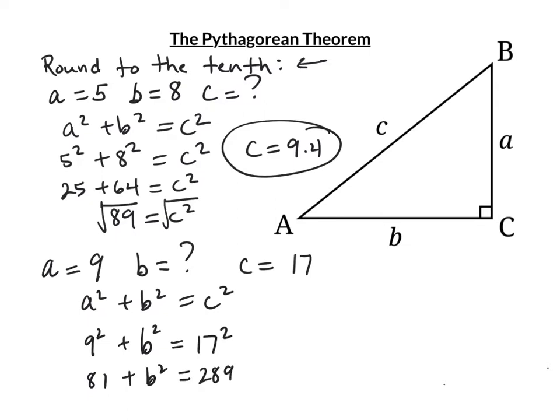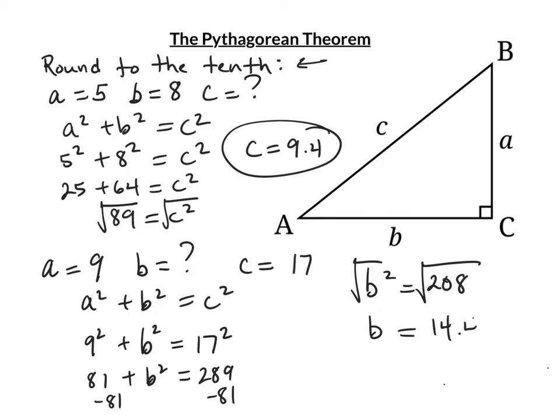To get b squared by itself, we subtract 81 from each side. We get b squared equals 208. And then to find b, we take the square root of both sides. The square root of 208, rounded to the tenth, is 14.4.